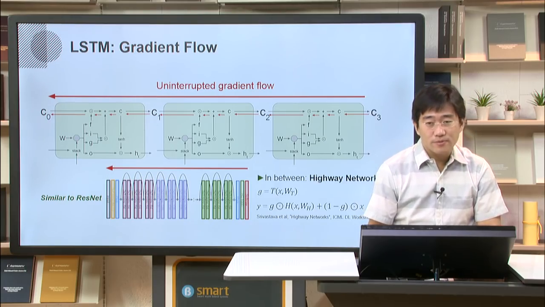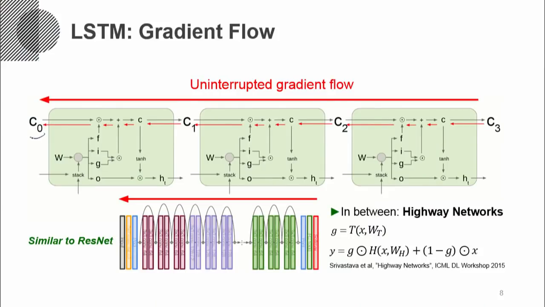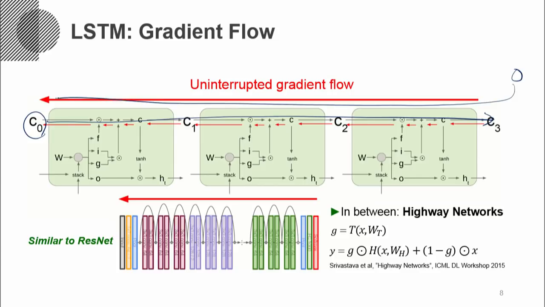From the perspective of backpropagation of this gradient flow, the fact that this cell state information can go through multiple time steps without any interruption, which would represent some necessary transformation or distortion, indicates that the gradient can also flow from later time steps through the previous time steps without any distortion or transformation.